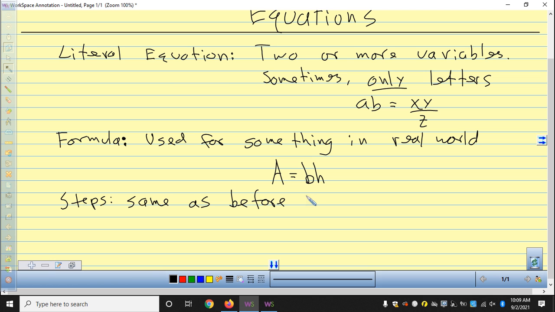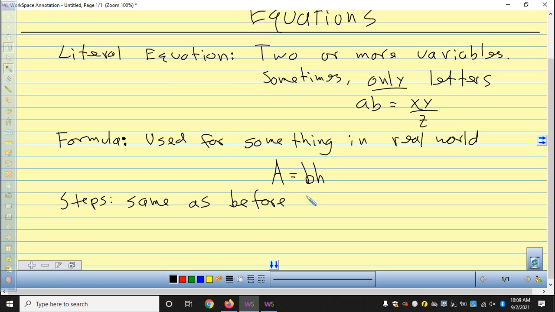So our steps that we've been talking about, step 1, usually clear fractions. Step 2, usually distribute. Step 3, combine like terms on the same side of the equal sign. Step 4, undo addition, subtraction. And step 5, undo multiplication. So those are our steps. We're going to do the same thing.